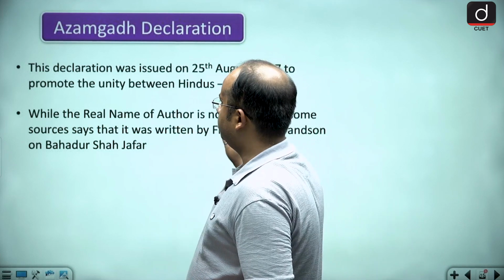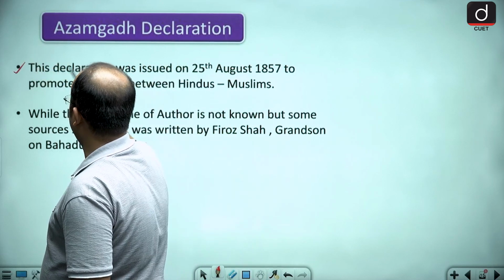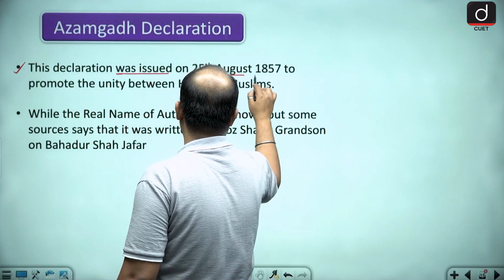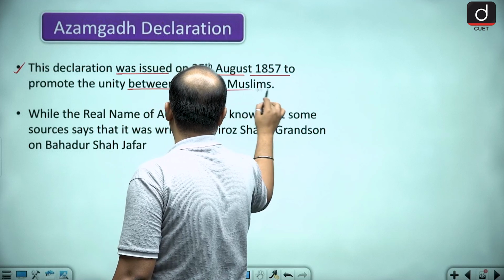So now guys, what was the Azamgarh Declaration? Azamgarh is the name of a place in UP. This declaration was issued on 25th August 1857 to promote unity between Hindus and Muslims.